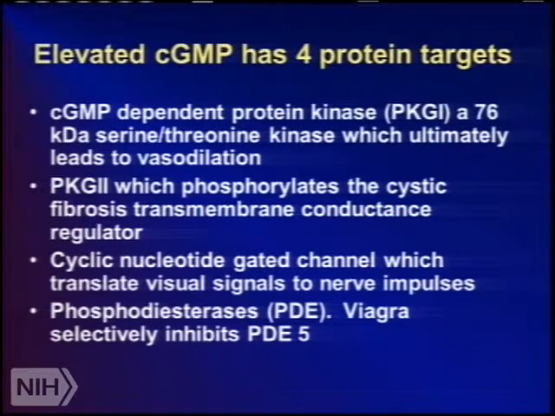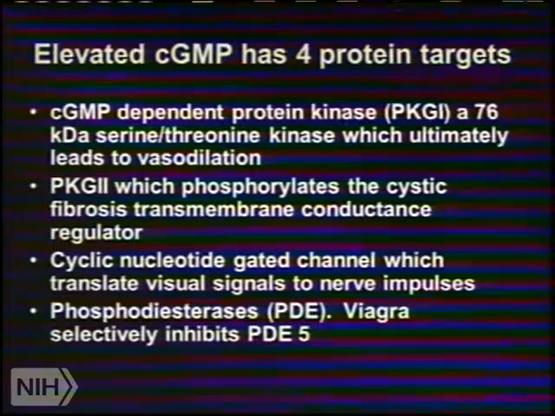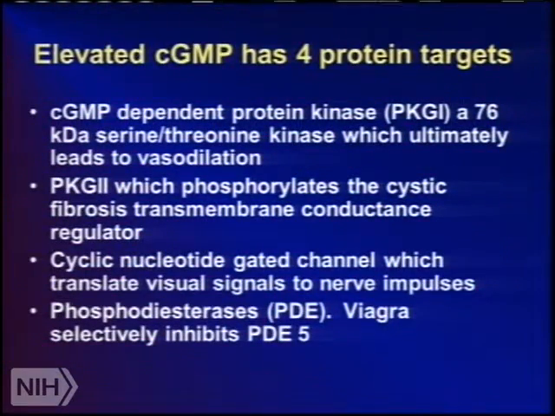The protein kinase G2 phosphorylates the cystic fibrosis conductance regulator, but we're more interested in the protein kinase G1, because this leads to the vasodilation that the nitric oxide initiates. Also, cyclic nucleotide gated channels are present in neurons, leading to visual signals and nerve impulses.